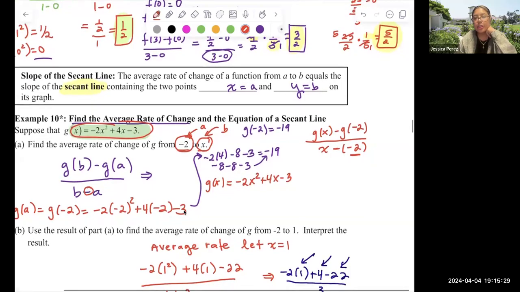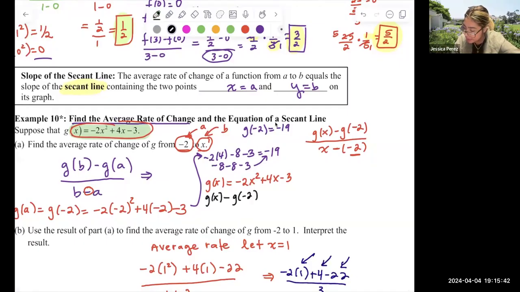So we know what g(x) is, and we know what g(-2) is, so we have to combine them. g(x) minus g(-2) is going to be equal to -2x squared plus 4x minus 3 minus -19.